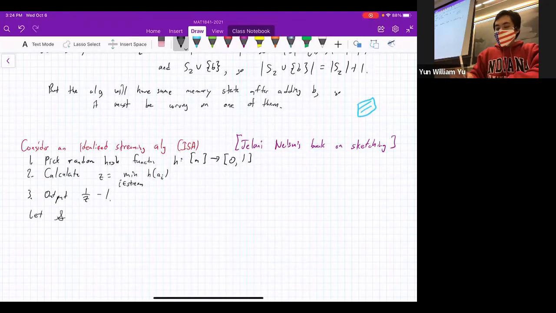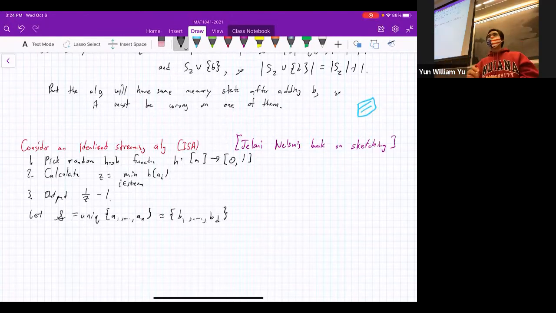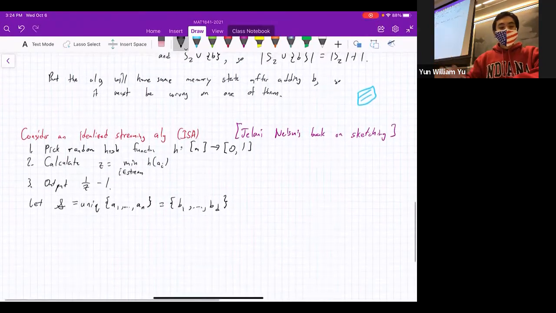So let's call S the set of unique items of a_1 through a_n, which is equal to b_1 through b_d as a set. So there are only d distinct items in our set, even though the stream might have length n.